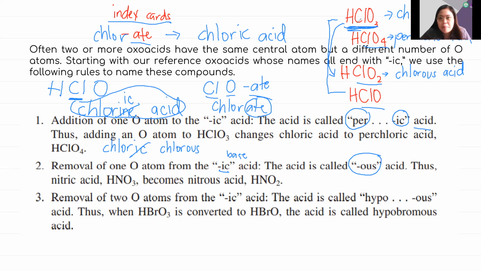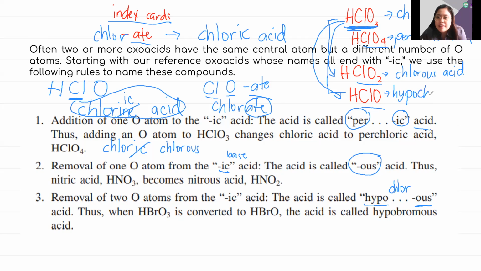Tapos, removal of 2 atoms. So ito pa rin yung base natin. So let's compare. This one is HClO. So natanggalan ng 2 oxygen. So paano daw natin siya i-name? Magkakaroon tayo ng prefix na hypo. So hypo yung start ng pangalan niya, and idudugtong natin yung pangalan ng base element or yung central element, pero ang ending niya ay OUS.